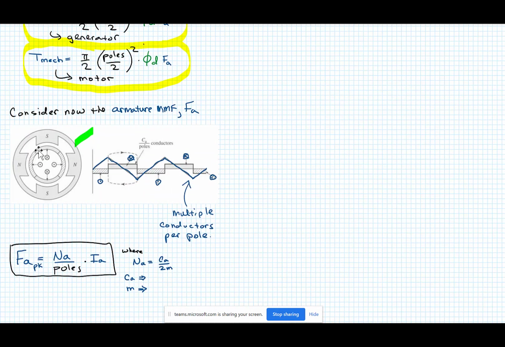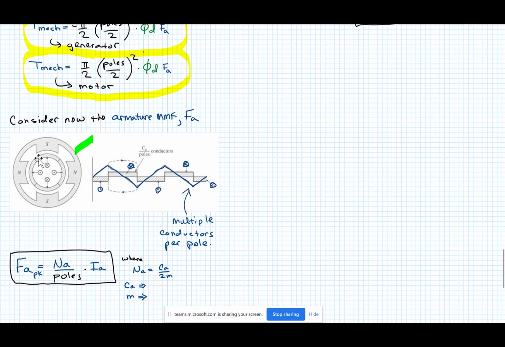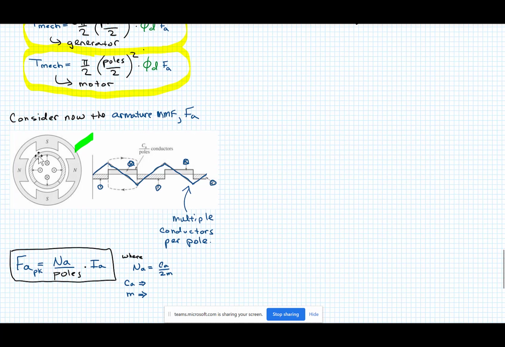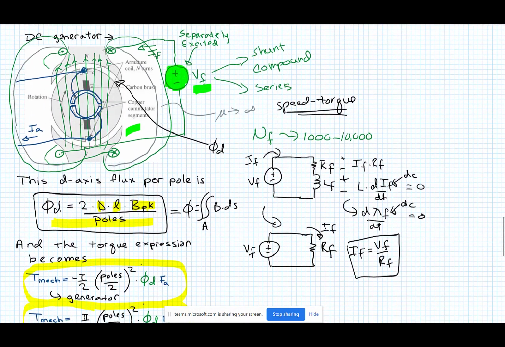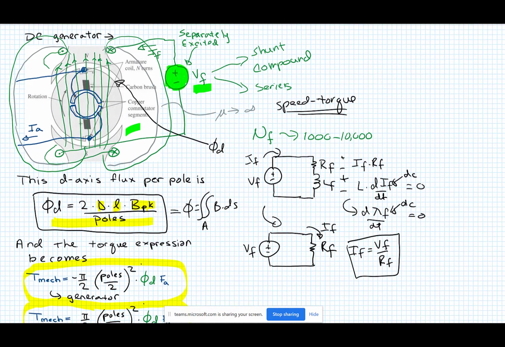If you very simplistically only put one commutator segment per pole, you would have the two segments, which I emphasized right here. So here are your two commutation segments that I just highlighted in blue.